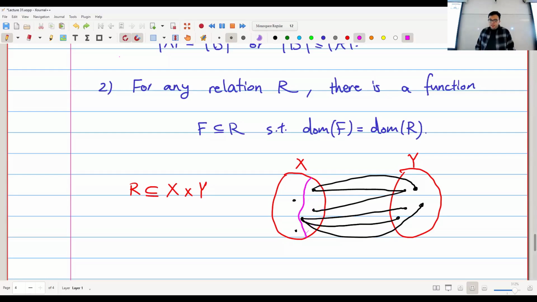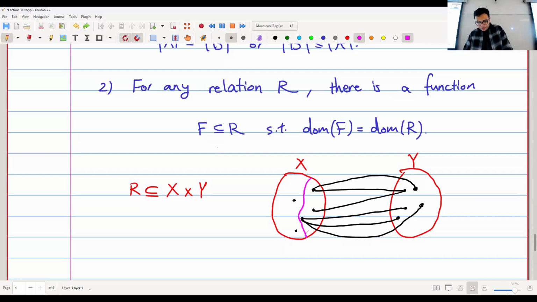So the axiom is saying that whenever you have a relation R, you can find a subset of R, which means a subset of edges in this case, because every edge is basically a pair, and that's exactly what a function and a relation are. If I have this graph of the relation R, I can find a subgraph, meaning I can take some of the edges, or a subrelation, which is a function f, such that it has the exact same domain, but it's a function. What does that mean?